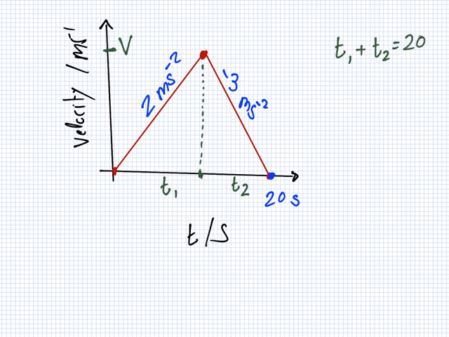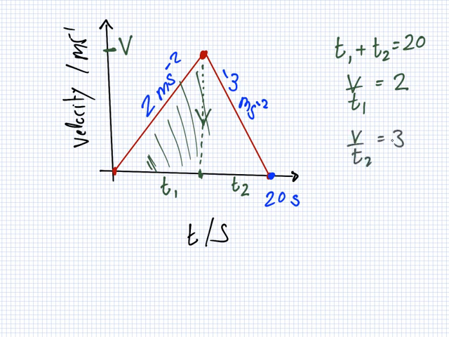And we're happy with this, right? But you also know that this height here is V. And you also know that V over T1 should equal 2, because that's the slope, the acceleration. And you also know that V over T2 should equal 3 for the second half.